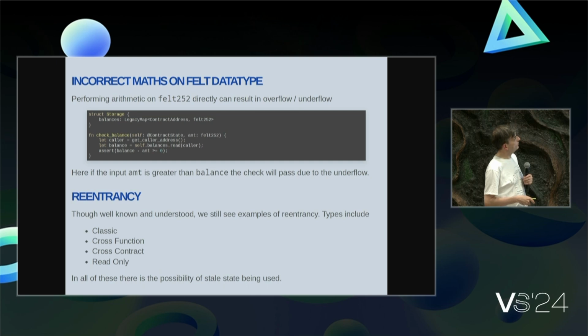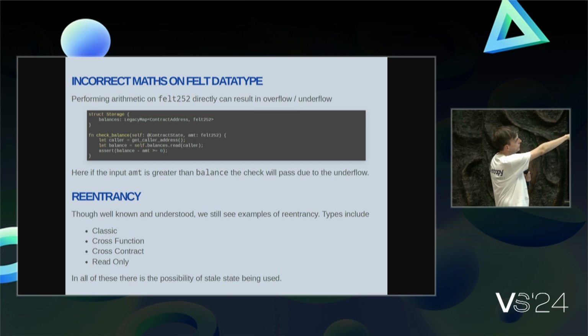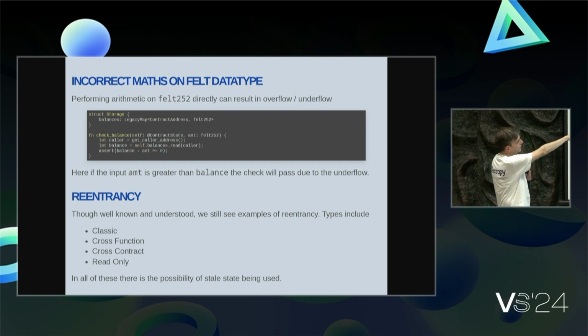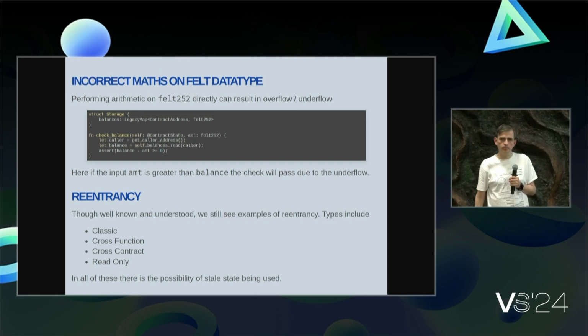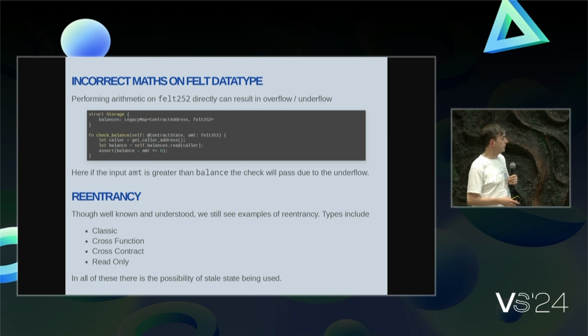And this is an example. In this code, we should have done a check that the amount is less than the balance, but the way this is written, it doesn't get checked properly. And therefore this could get through. So yeah, you have to be careful.